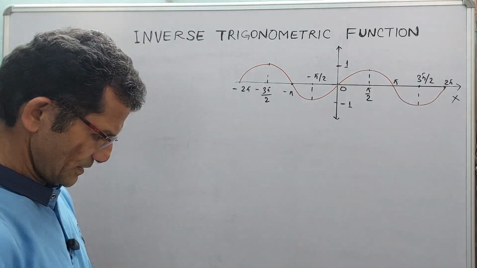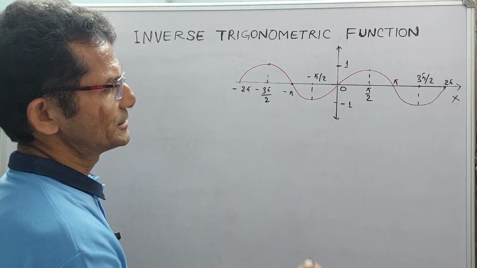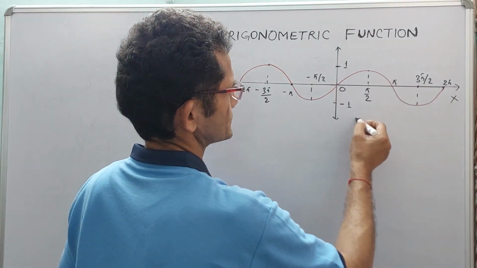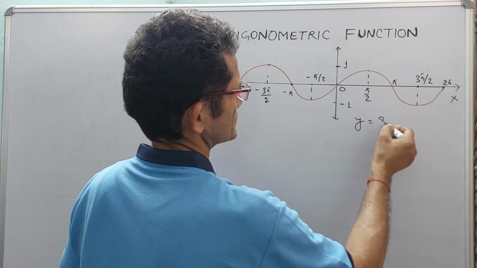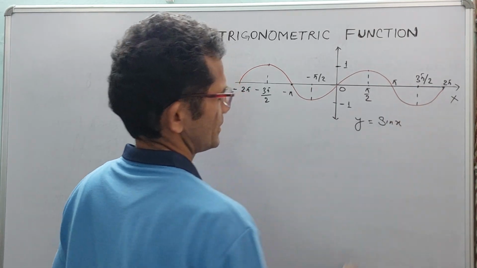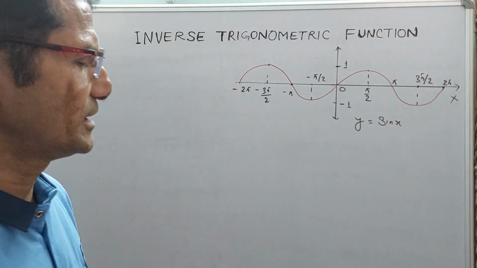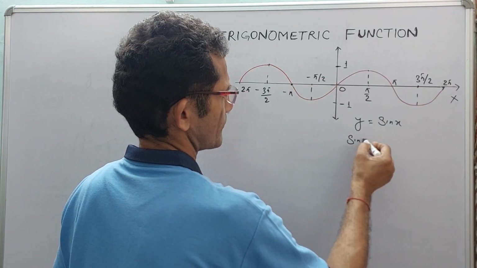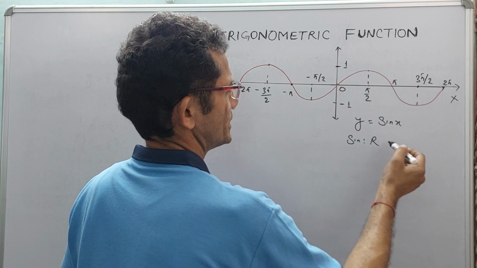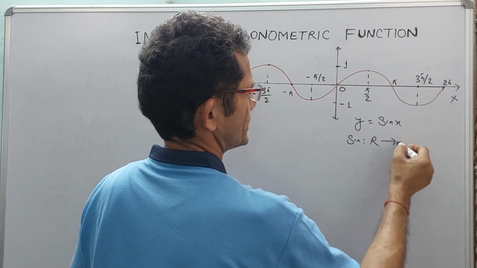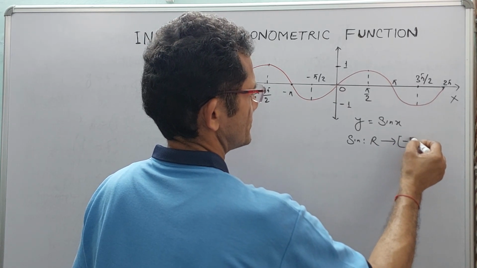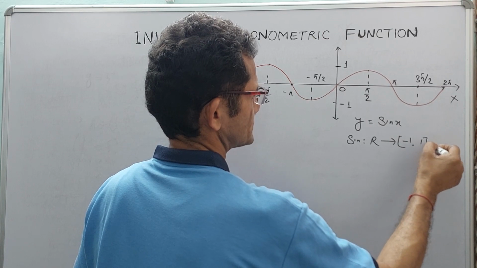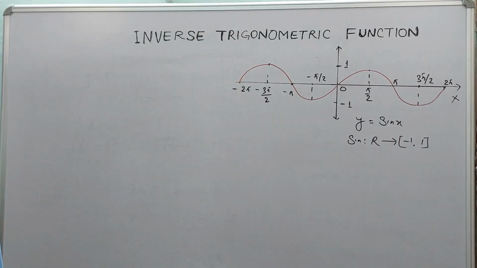This is our sine curve. So sin x, we know that in the sine function, its domain is R and the codomain, or the range, is from -1 to +1. So this is the sine function.